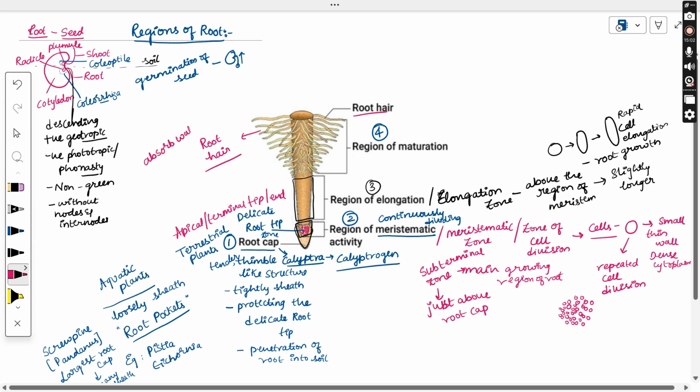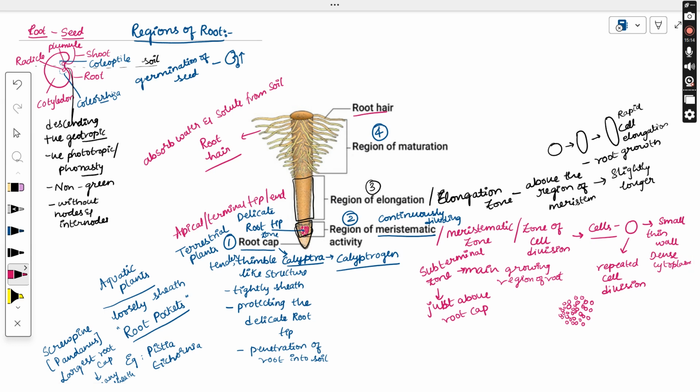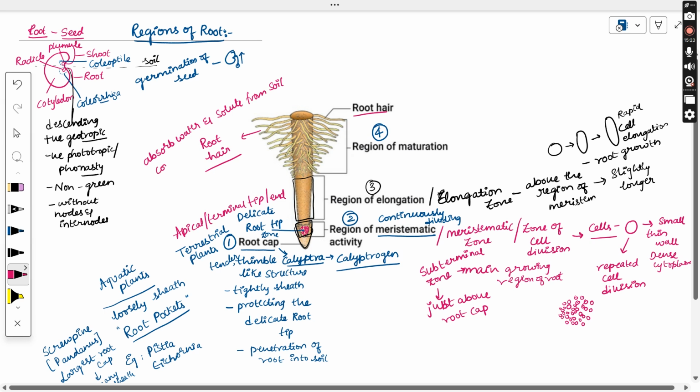They will absorb water and solutes from the soil, and send them to the root. Through the root it reaches the stem, branches, then leaves, and again transpiration takes place from the leaf. The main absorption of water and solutes takes place here, and this is a continuous process. They continuously absorb the water and solutes.